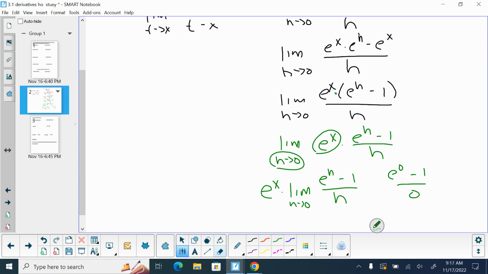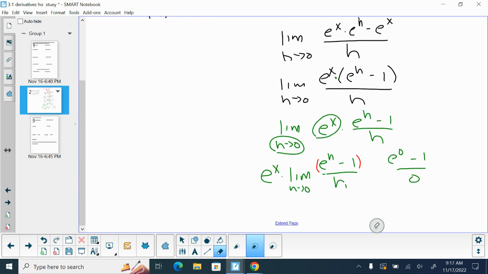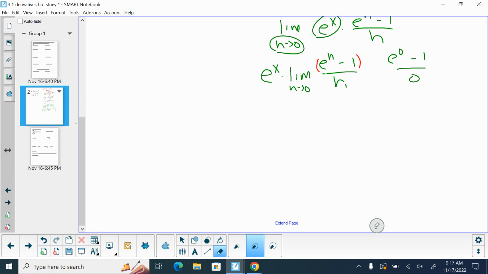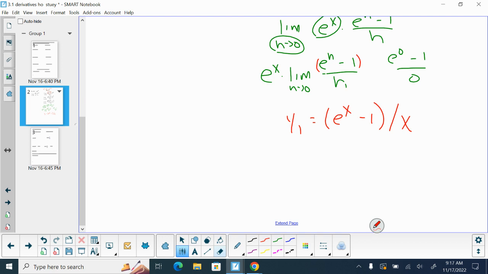But if we go to our calculator, and let's type into our calculator, in your y1, quantity e to the x minus 1 divided by x. Now I know this says h here.